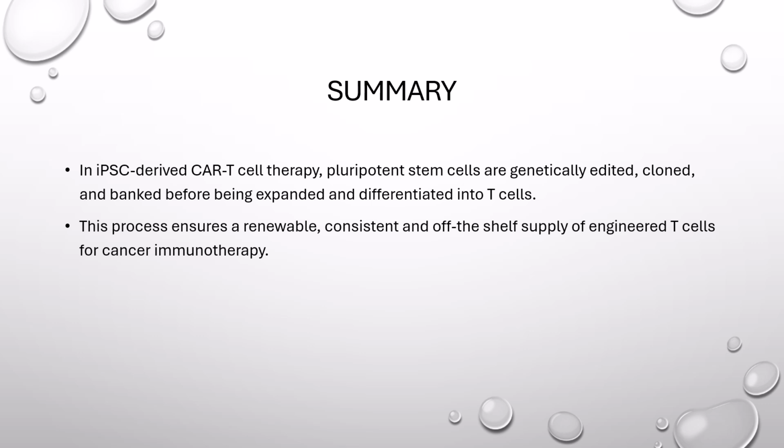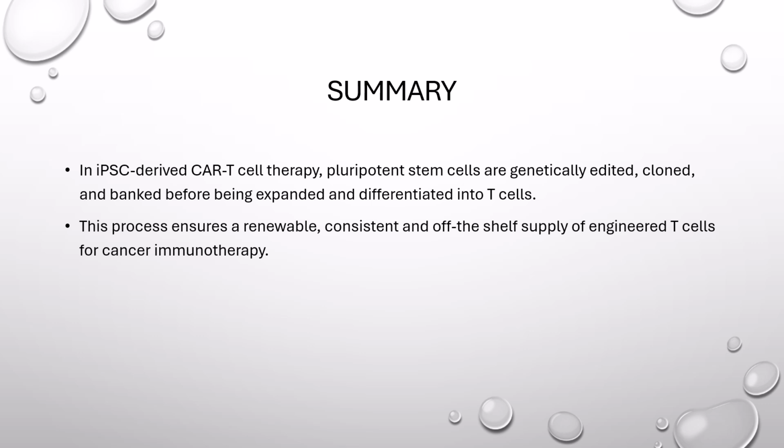So this is just a summary slide with regard to induced pluripotent stem cell derived CAR T cell therapy. Basically, the approach, why we take this approach, why we even use it, and that's because of homology directed repair for editing, but also there are advantages with regard to manufacturing master cell banks and working cell banks.